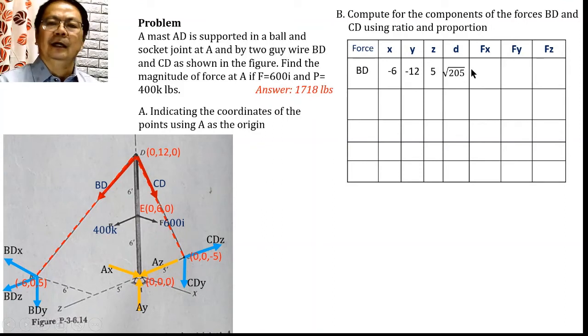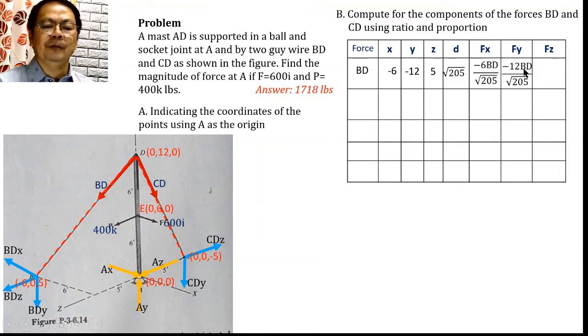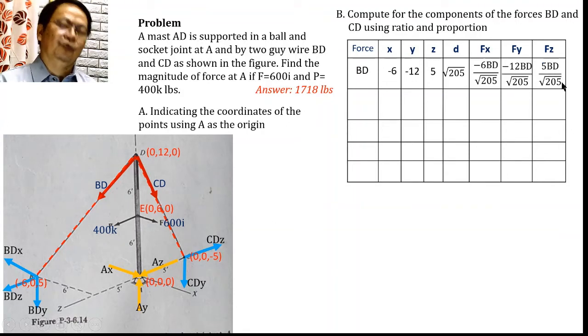So the x component of the force BD shall be taken by multiplying the force BD by the component along x, dividing it by the distance. So this becomes negative 6 BD over the square root of 205, while this one is negative 12 BD over the square root of 205, and this one is 5 BD over the square root of 205.